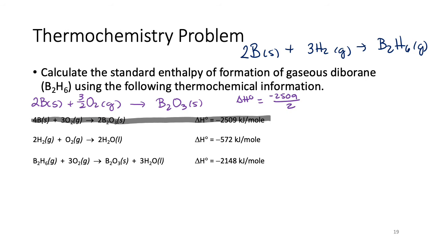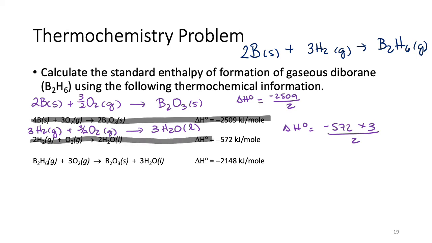So I need to multiply the whole thing by 3 halves. That gives me 3 hydrogens in the gas plus 3 halves oxygens, gas, makes 3 liquid waters. My delta H is going to be negative 572 times 3 divided by 2. I once again highlight in black so I don't have to see this equation again.